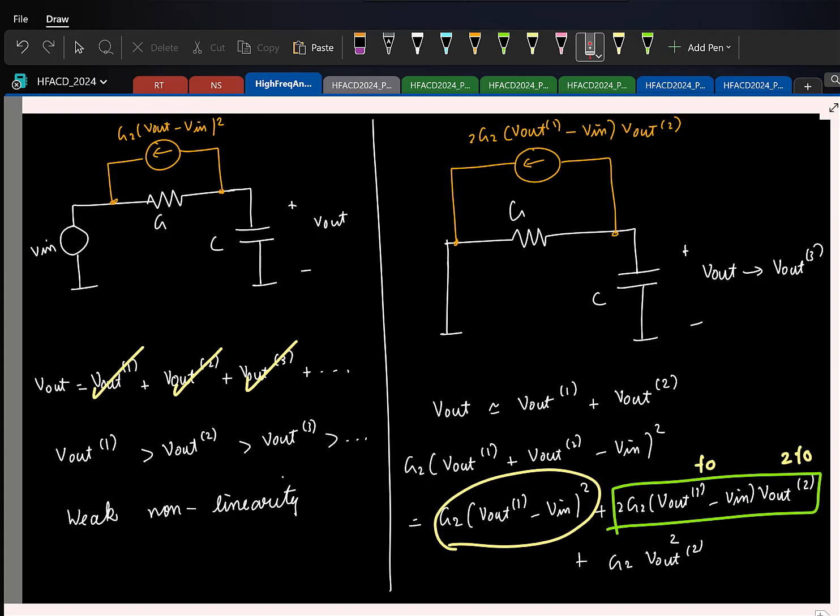Again, you start with nothing and you get the linear portion. Now we put the linear portion here, and that gives me the second order term. Now we use the second order term and get the third order term, and so on. That logic okay? So this method is called the method of nonlinear currents, or the method of current injection.